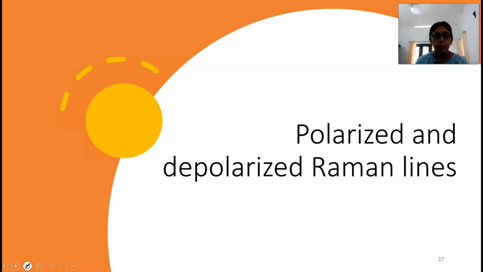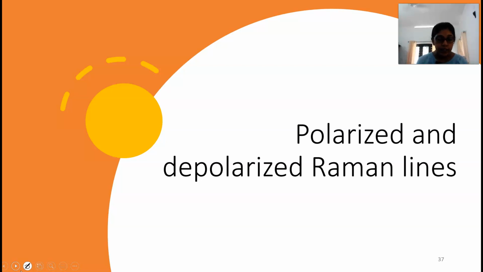This particular concept of using polarized light for Raman analysis has great significance because it can give you a great idea regarding the orientation of a molecule, the corresponding vibration modes, symmetry of vibration modes, all those things.